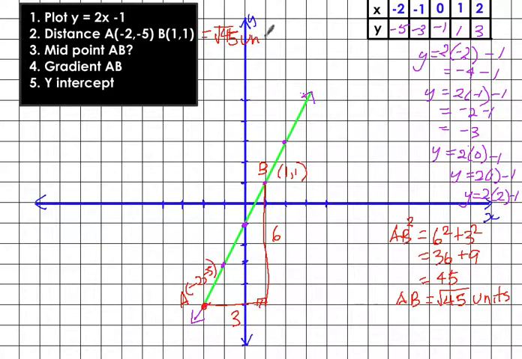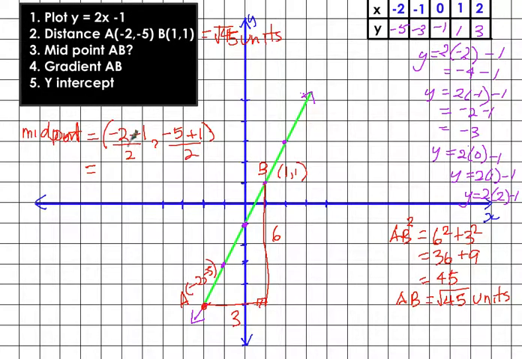The midpoint. Now we said the midpoint is the average of the x's and the average of the y's. The x coordinates are negative 2 plus 1, divided by 2, and the y's are negative 5 plus 1, divided by 2.